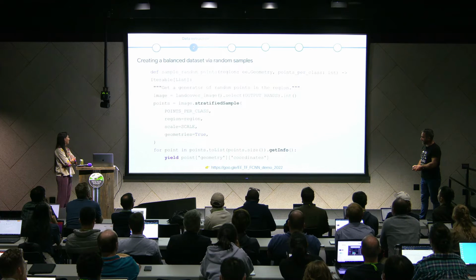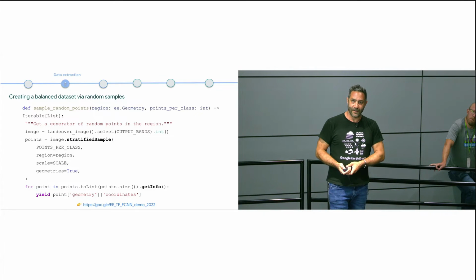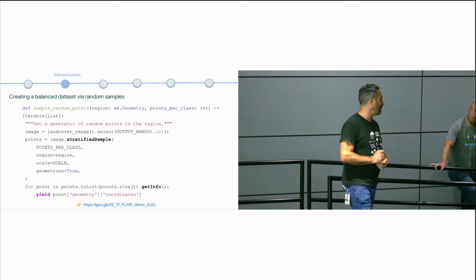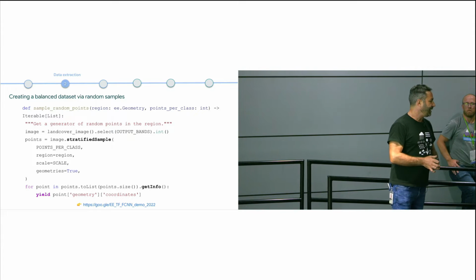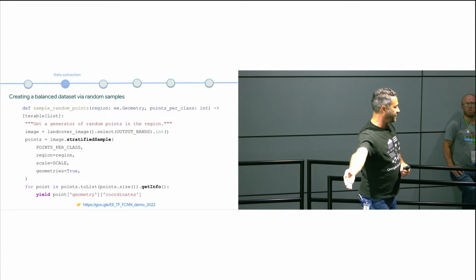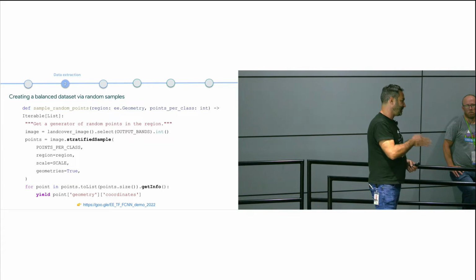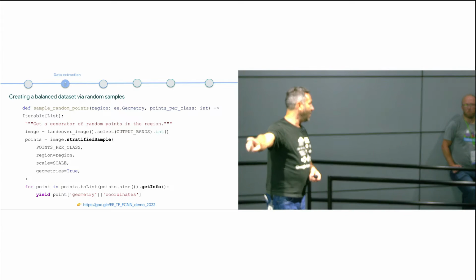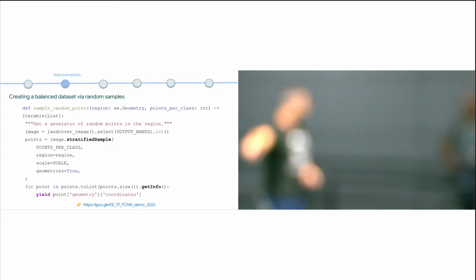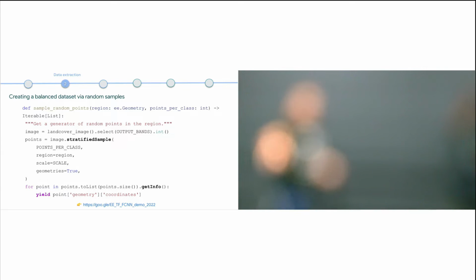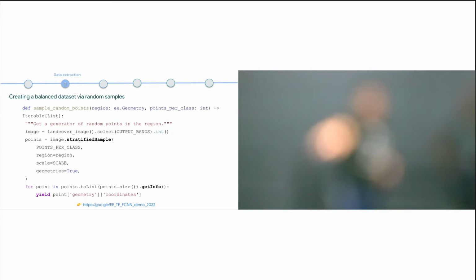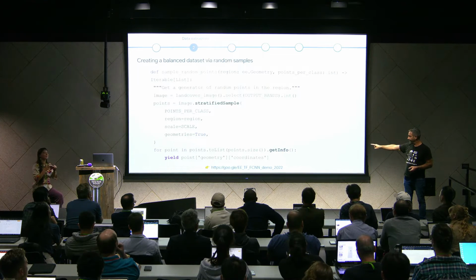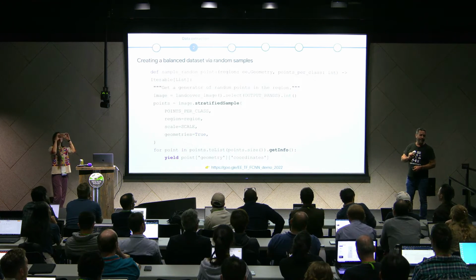And then at the end here, all we're doing is calling getInfo. First we convert the sample to a list and then call getInfo on the list. And what that does is move the sample from the server to your client, which in this case is the Colab Notebook virtual machine. Once you have that sample on the client, you can iterate through it or make it into an iterator or a generator and yield each set of coordinates one at a time.